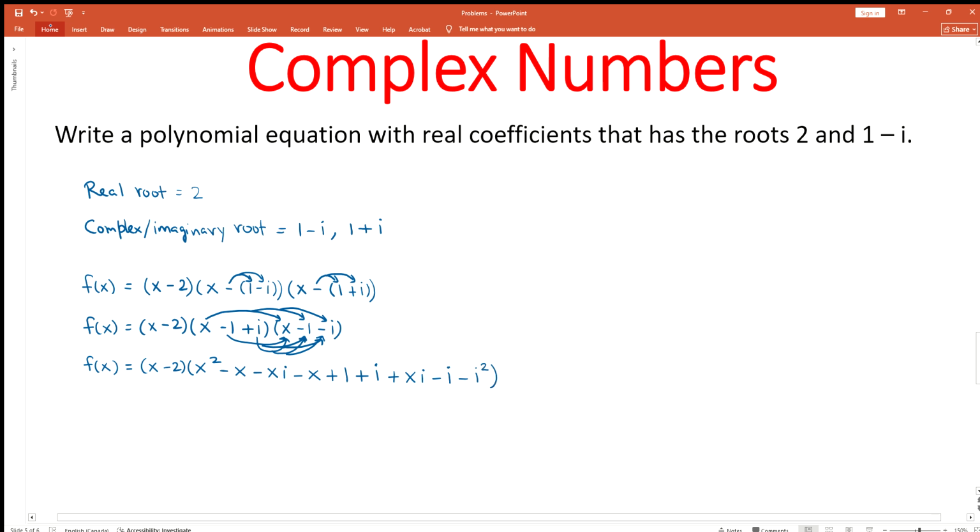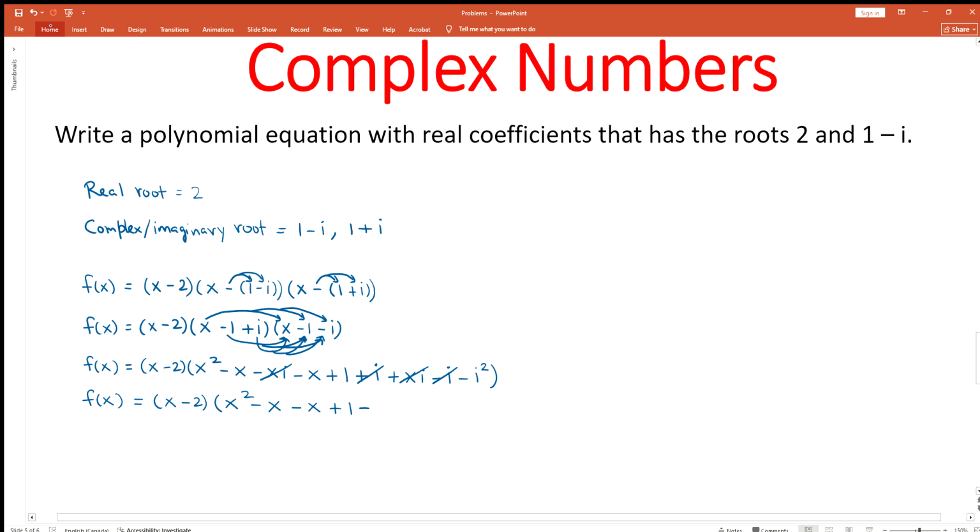Next, we can combine like terms in the second parentheses. Negative xi and positive xi cancel each other out. Plus i and negative i cancel each other out. We are left with x squared minus x minus x plus 1 minus i squared. As you may know, i squared is equal to negative 1.